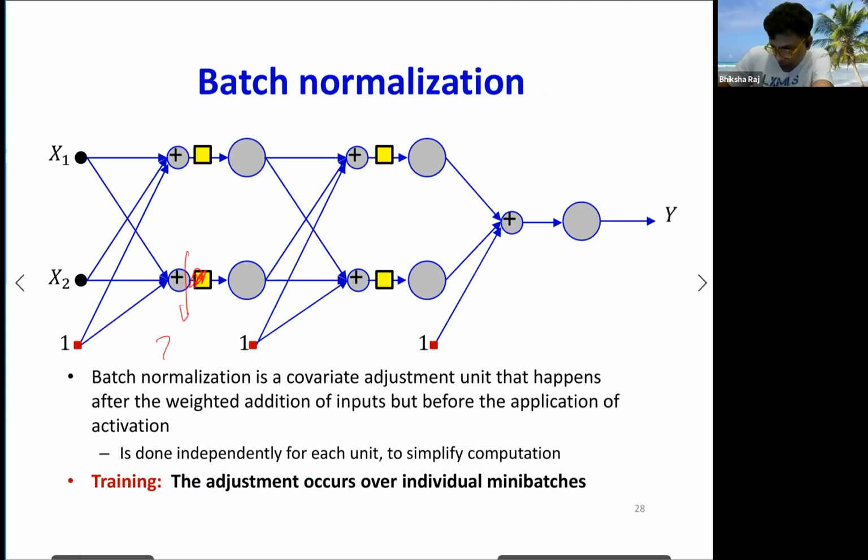So here's where Z is computed. This is the activation. And typically batch norm happens between Z and F. You can actually do it after F as well. And effectively, they're going to be the same thing. But as originally presented, it was presented as being done over here.